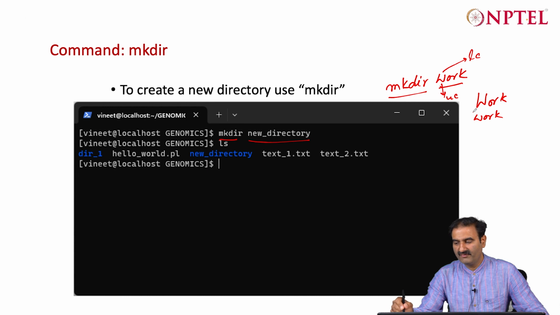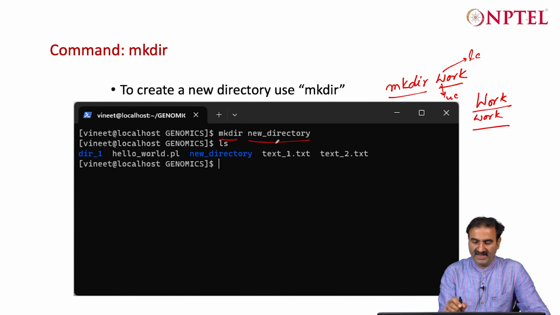So when you are going into that directory or doing something with that file, you have to exactly specify the name. So make a new directory and then you say ls, and the directory that you have made is now shown here.